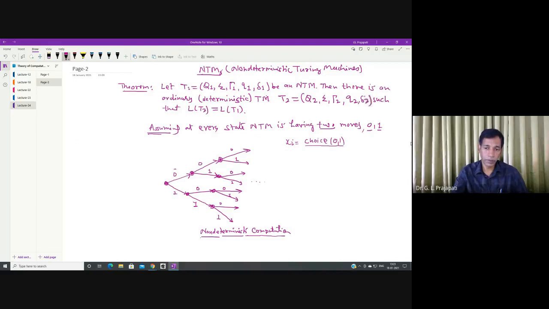Otherwise, once you tell the machine how to make this choice, this is the case of a deterministic one. So we assume that the machine is intelligent enough and is going to make the correct choice. So at every step, from every state, once it has to make the guess, the machine has to make the unique choice.